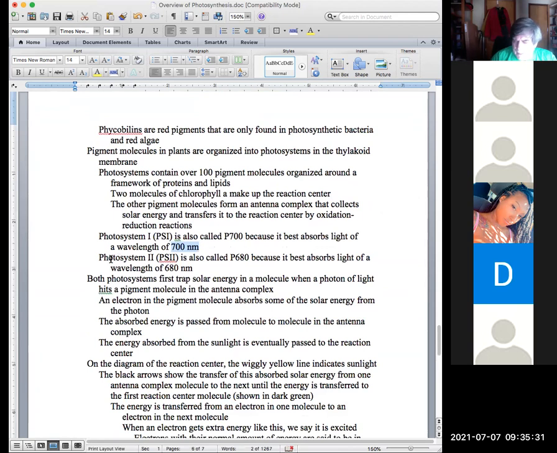Now, there's a second photosystem, photosystem 2, which is abbreviated as PS2, which is P680. And it absorbs light of wavelength 680 nanometers best, which is just a little closer to the orange side.